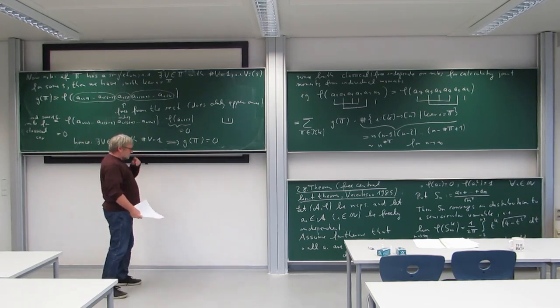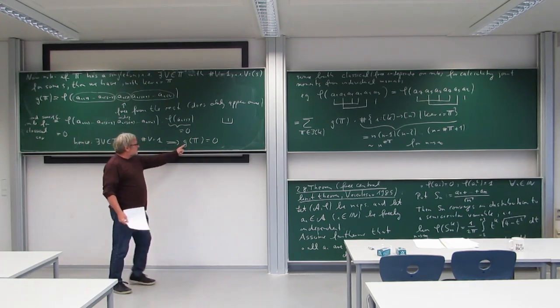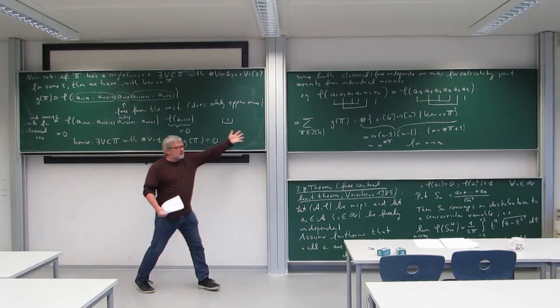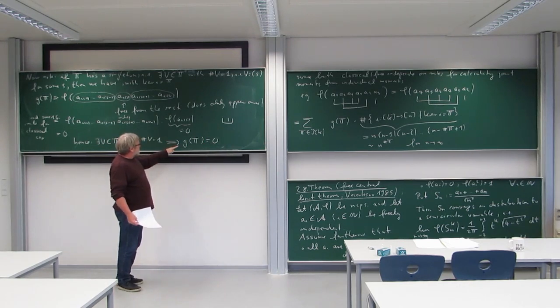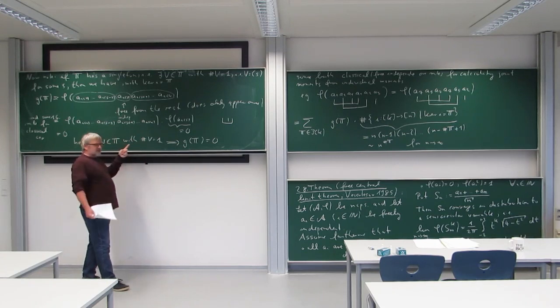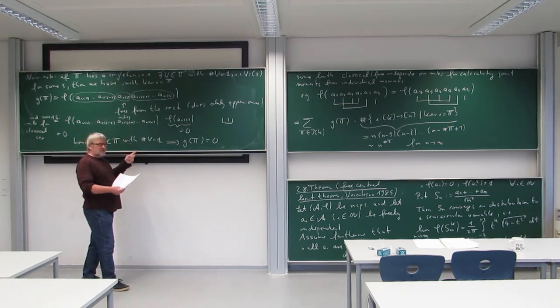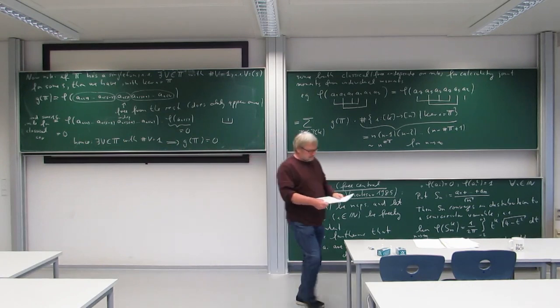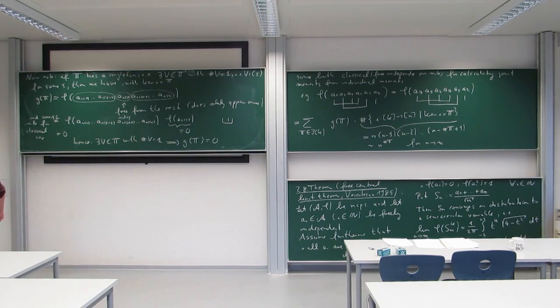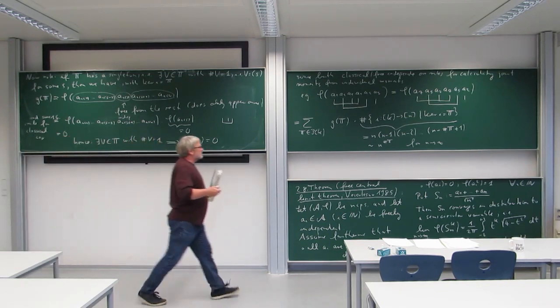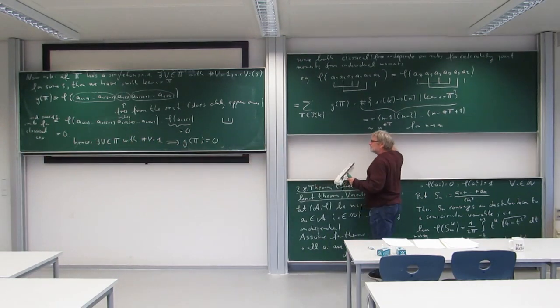Or the other way around, if we want the situation that g of pi is not equal to 0, and that's the one which will contribute in the end to our sum, then it cannot be that there are singletons. So this means the block cannot have any singleton. This means that any block must at least contain two elements. Okay, it contains one, it's a singleton, so that's not what we want.